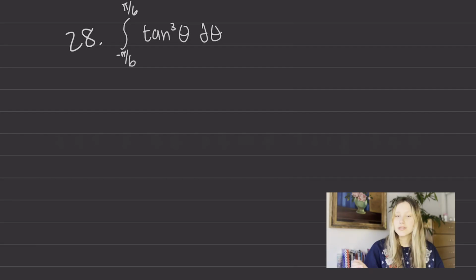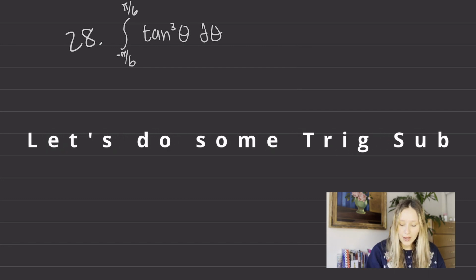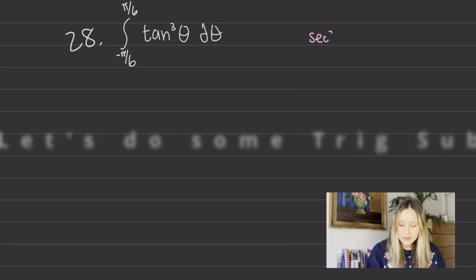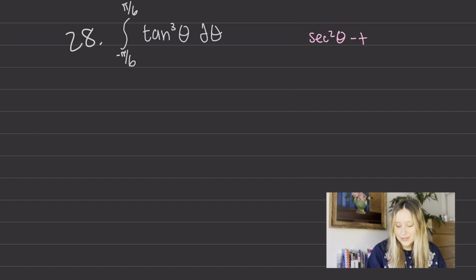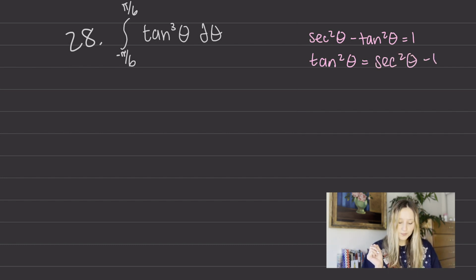Hey guys, I'm back. 28. We are doing the integral of tangent cubed. So as we know, we have secant squared theta minus tangent squared theta equals 1. Rearranging, we get tangent squared equals secant squared theta minus 1.